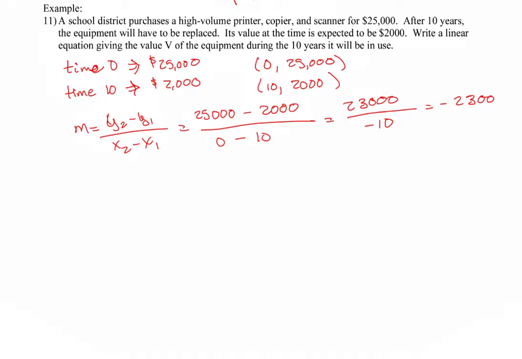Okay? Now, since t equals 0, we have $25,000. We know the y-intercept.